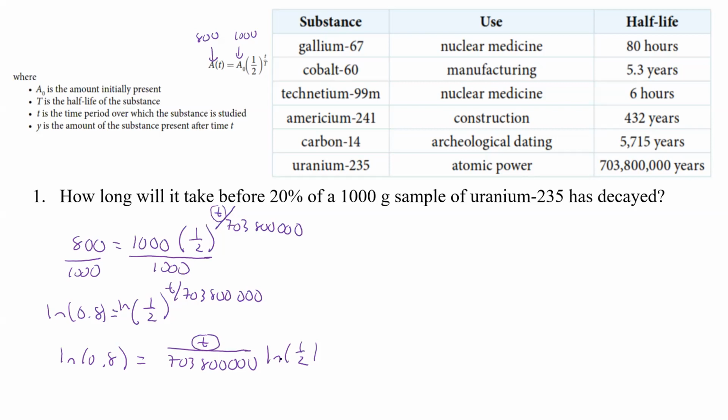I can solve for t. Basically, I have to divide both sides by ln of 1/2. And to get rid of the fraction here, I'm going to have to multiply both sides by 703,800,000. So I'm going to multiply this side by the same thing.